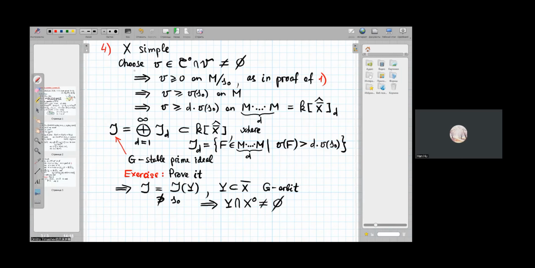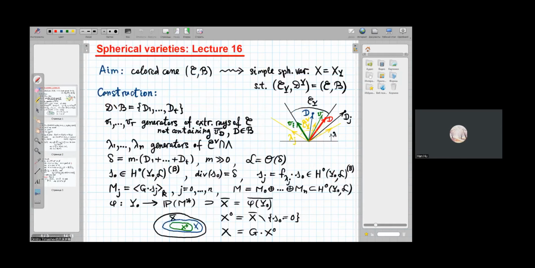So the picture is like this. Let me again come back here. We have this orbit Y in X bar, and this orbit Y intersects the non-vanishing locus of the section S0, and so it intersects X zero.